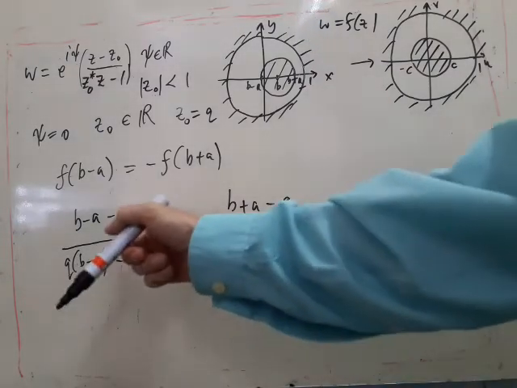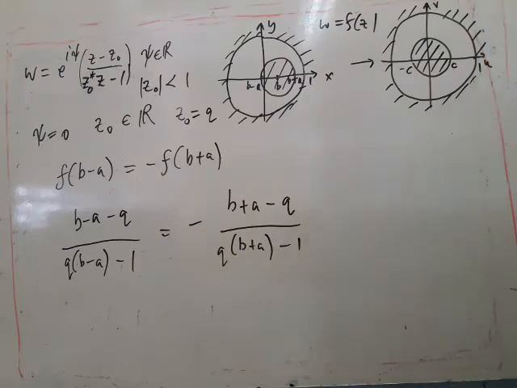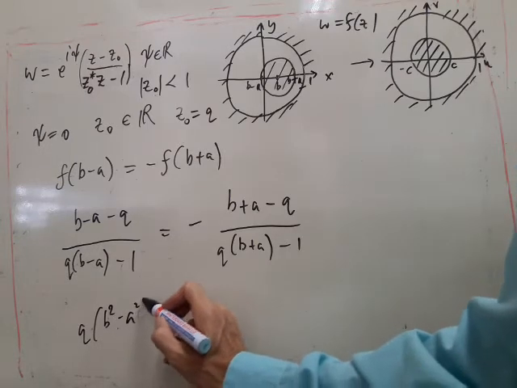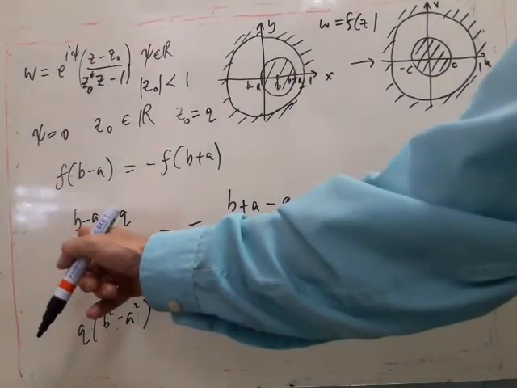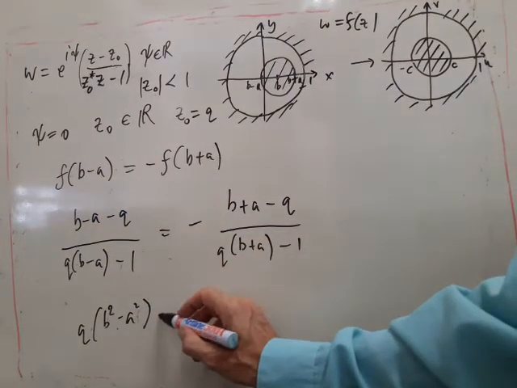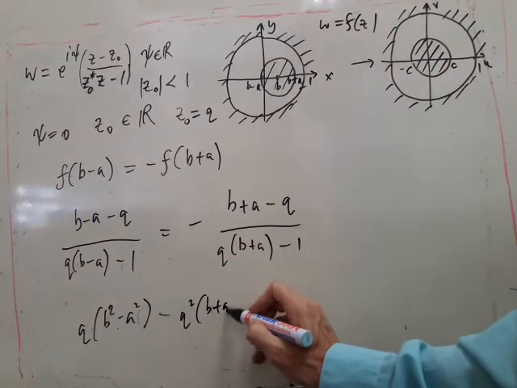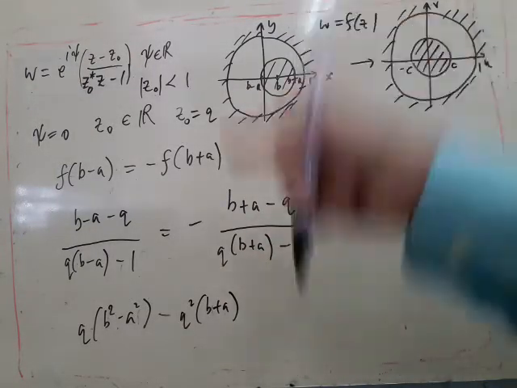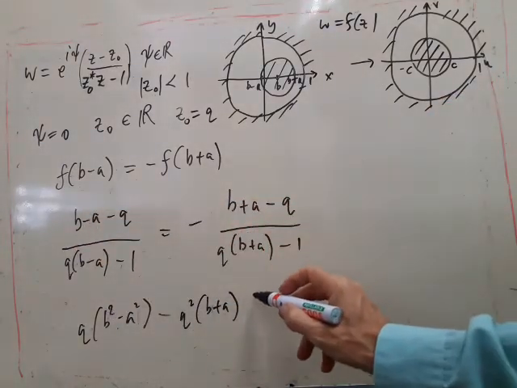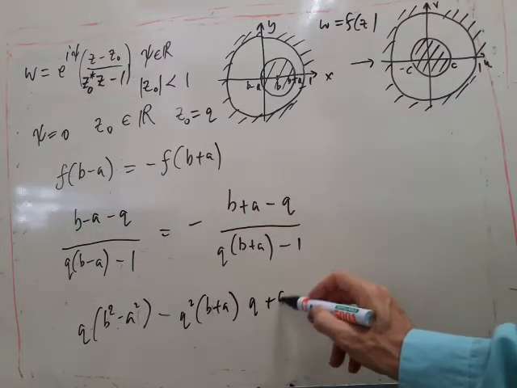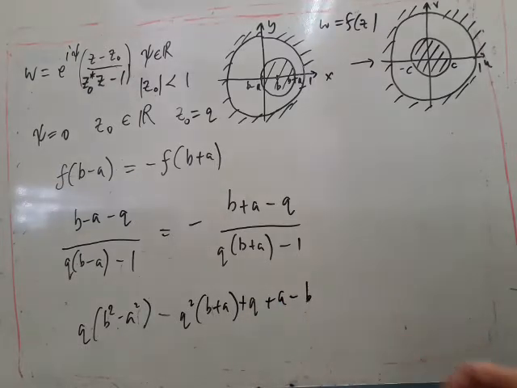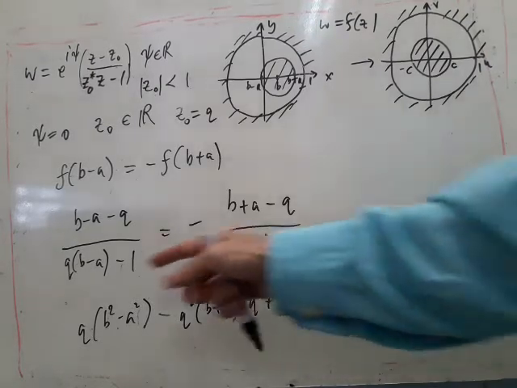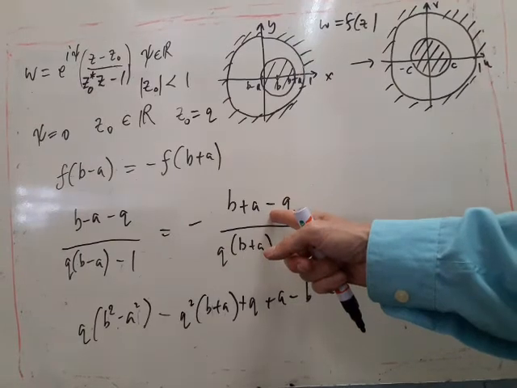Okay, so multiplying this by this, I'm going to get q times b squared minus a squared from this times this, minus q squared b plus a, and then I've got just minus 1 times this, so that gives me plus q plus a minus b, and then that's got to equal this times this with a minus sign.